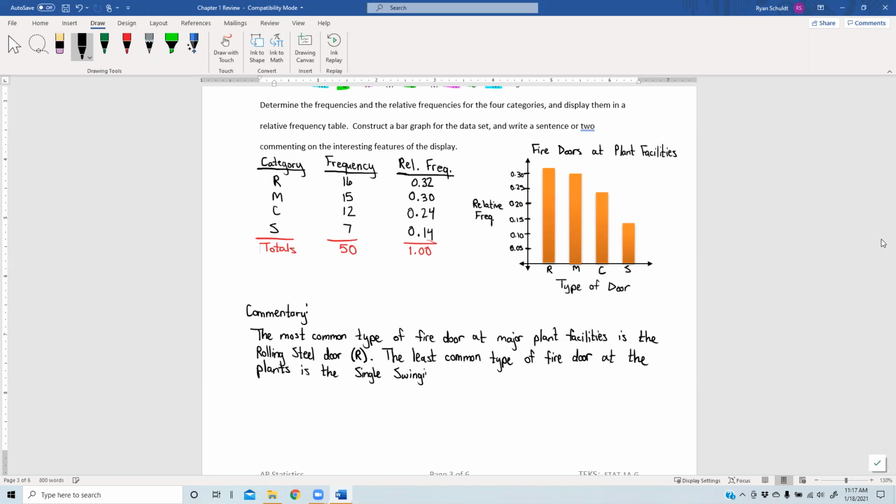And that's really the main two interesting things, or the two comments that we could say here.